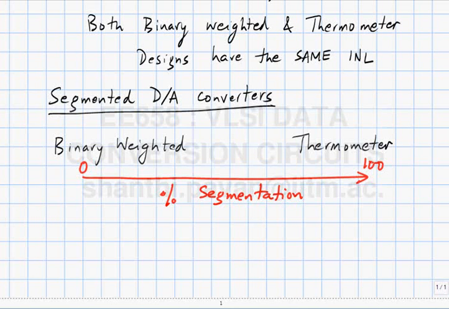So if it's a 10-bit DAC, you break up the whole thing into 1024 equal unit elements, and you turn on the number of unit elements that you need. Whereas in the binary weighted case they're all bunched together in large chunks.